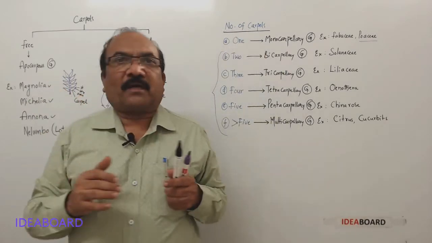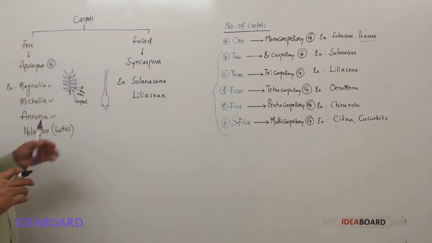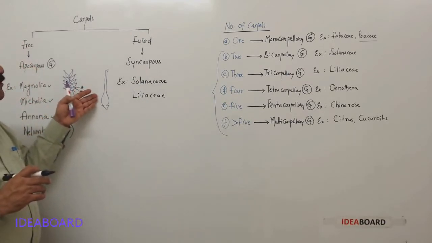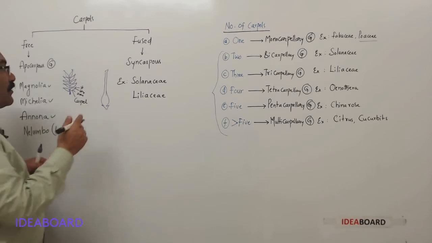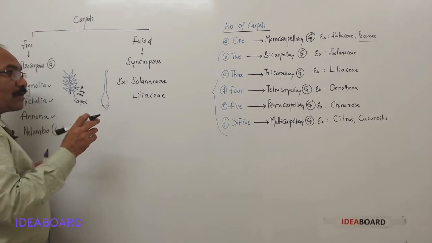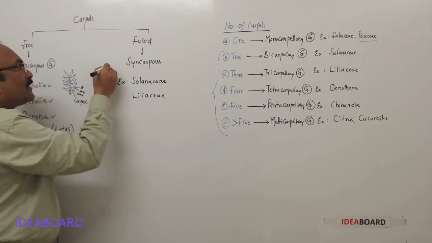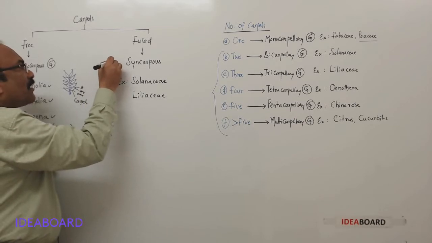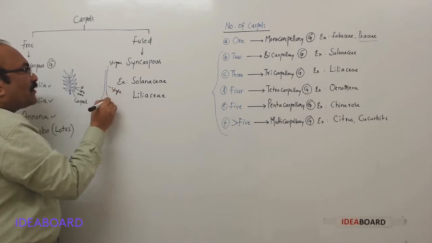Like that apocarpous gynoecium, and when we come to the syncarpous gynoecium, it may be developed from bicarpellary, tricarpellary, tetracarpellary, pentacarpellary, or multicarpellary. But as all stigmas, styles, and ovaries are fused, you will find in the syncarpous gynoecium one stigma, one style, and one ovary.